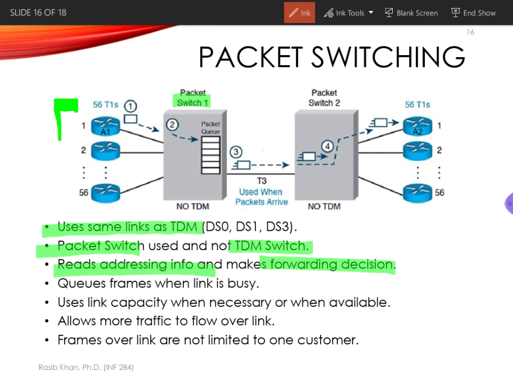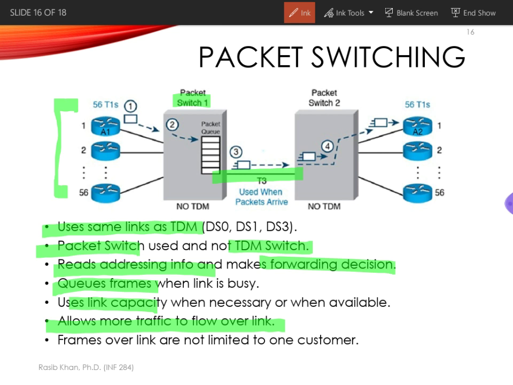So whenever a customer sends in a packet, it needs to be queued just in case the trunk is busy, and whenever it is available, it will then use the link capacity and send it over. So the result is that it eventually allows more traffic to flow over the link, because not all the customers will be using the link at the same time, and also not all continuously.